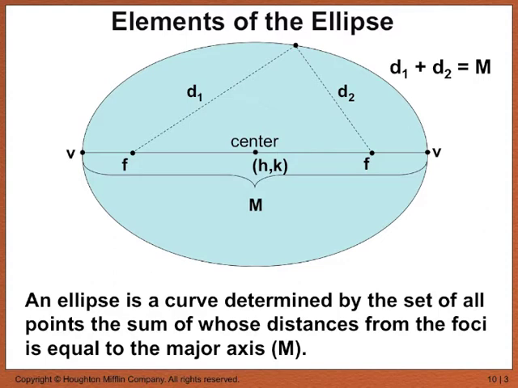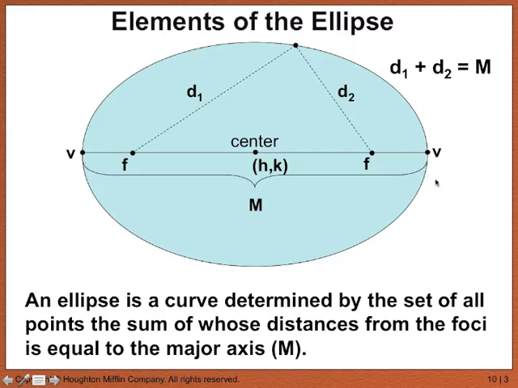Now, what do these labels stand for? V is vertex, and the vertices of an ellipse, by definition, are the end points of the major axis. So I can see V on the left and V on the right.